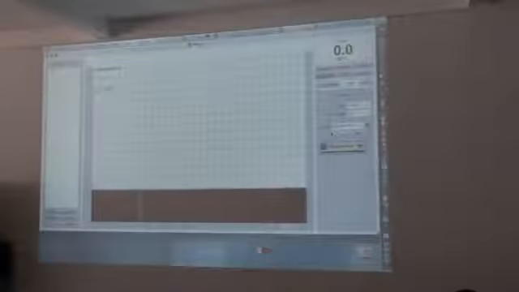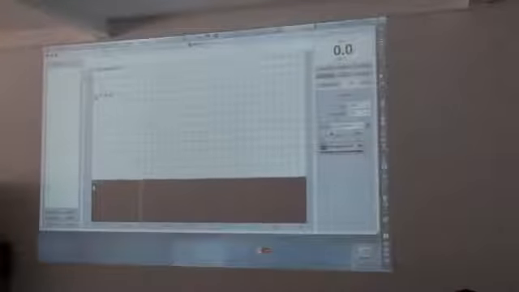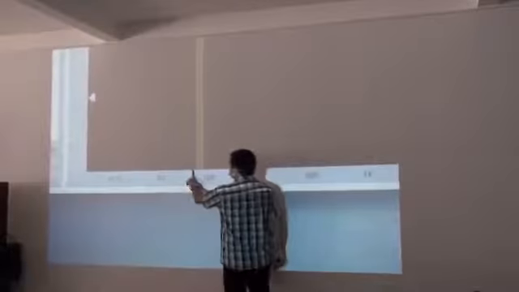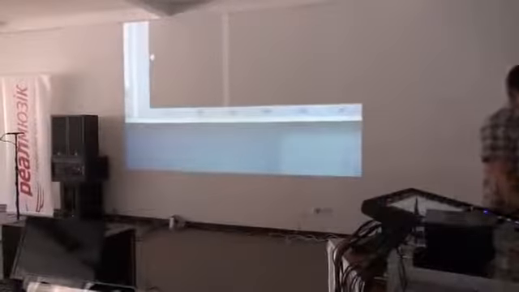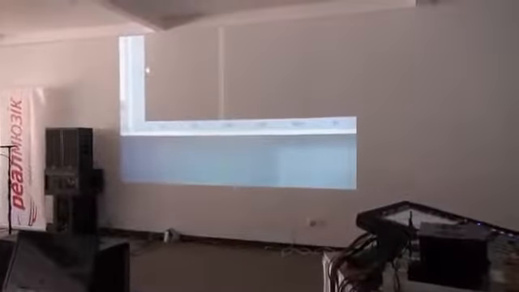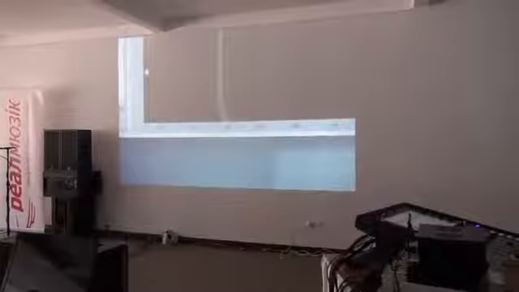In this example, you can see that we have only one frequency, and this frequency is between 100 and 125 Hz. It's 111. If I change the frequency, you can see that the red color moves.